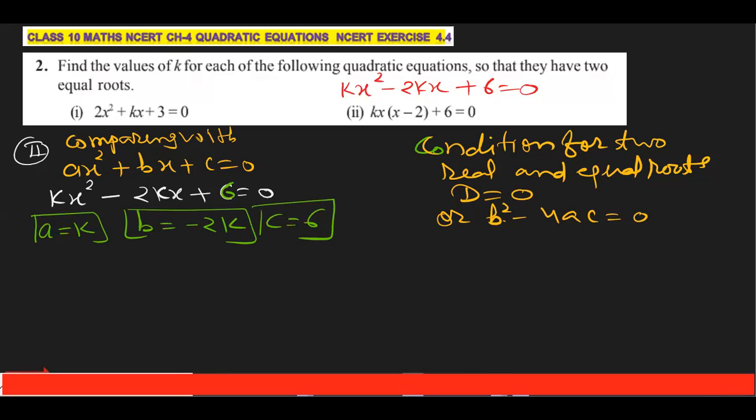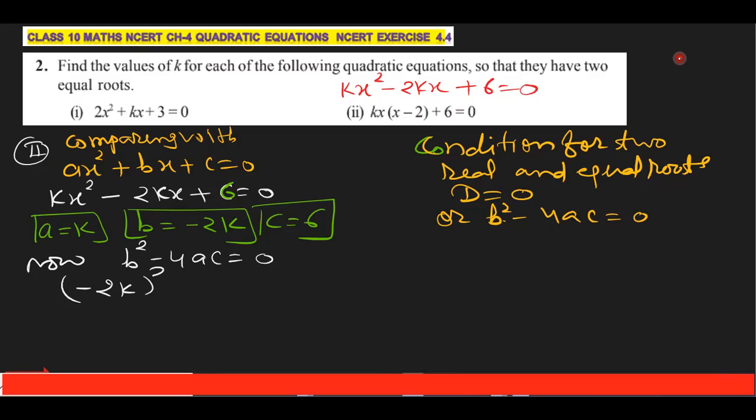Now we have to apply this condition, b square minus 4ac is equal to 0, because in the question it is given that the roots of all these equations are real and equal. Therefore now b square minus 4ac should be equal to 0.